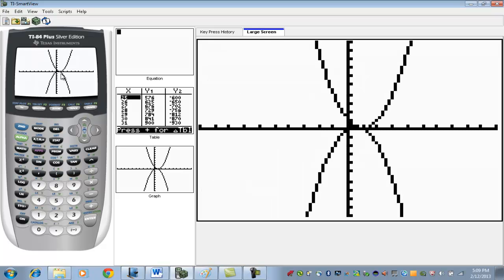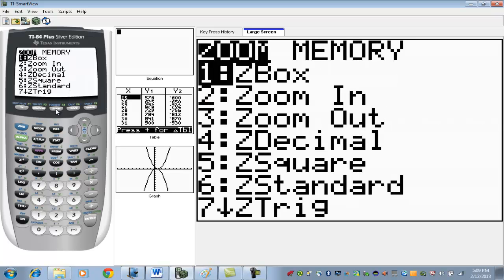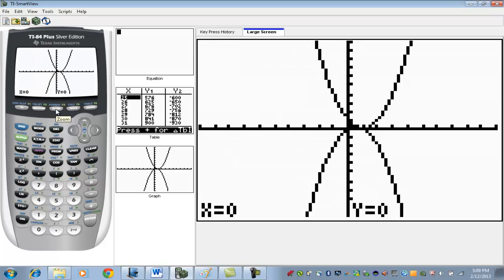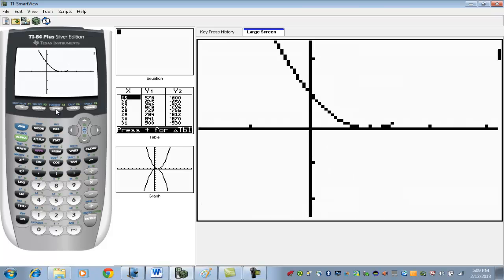Okay, based on the graph, you can't exactly see where the region that we're going to find is. So what we're going to do is zoom in. Number 2. Select the region where you want the calculator to help you zoom in and press enter.